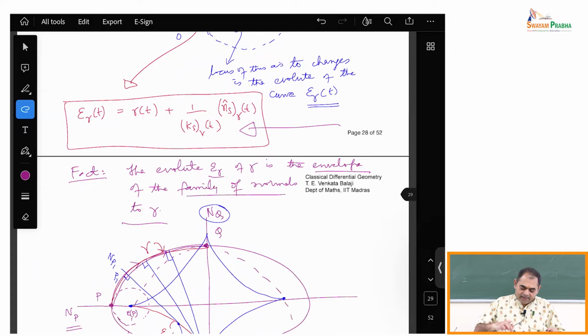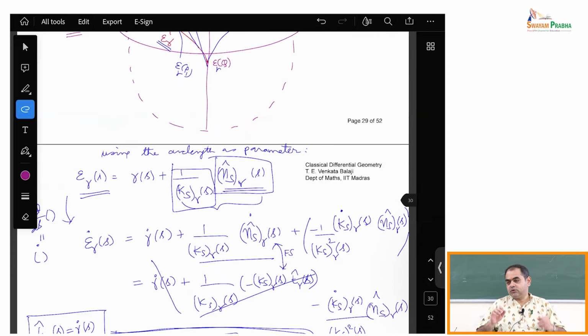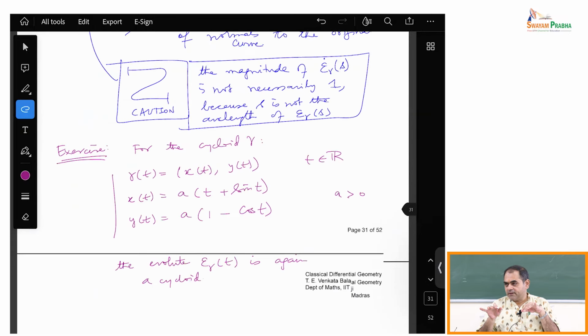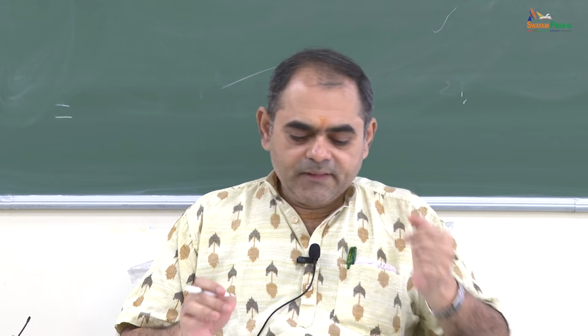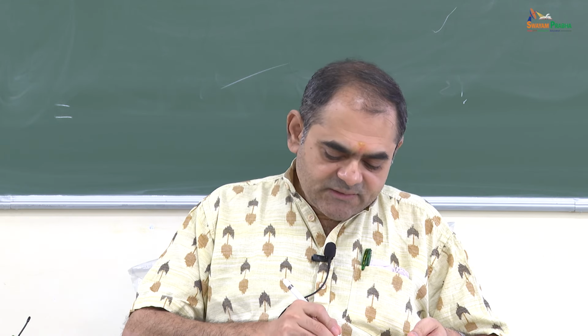To show that the evolute is again a cycloid, it will look like a cycloid and it is actually a cycloid, but you may have to apply a translation. You will not get back the same cycloid physically, but you will get a different cycloid which is congruent to the original cycloid.